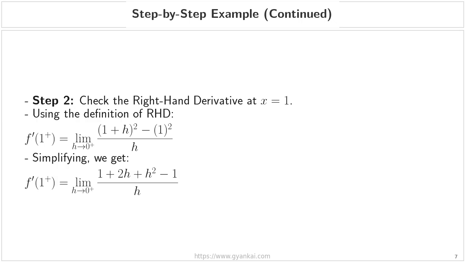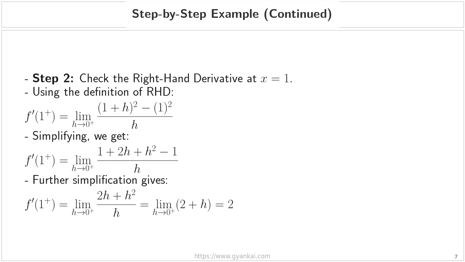Starting with the simplification, we expand the squared term in the numerator. This gives us the limit as h approaches 0 from the right of 1 plus 2h plus h squared minus 1, all over h. Continuing with the simplification, the positive 1 and negative 1 cancel each other out, leaving us with 2h plus h squared over h.